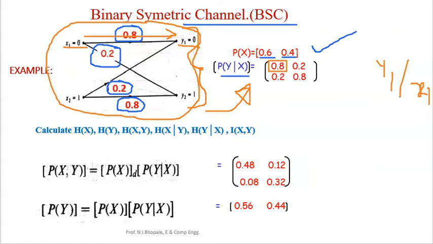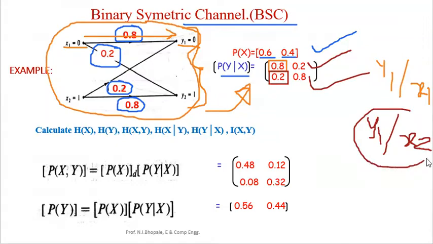Similarly, let's check this value 0.2. How is this value coming? It is related to the first column, so it is y1 given x2. Similarly, this 0.2 is y2 given x1 and this is y2 given x2.